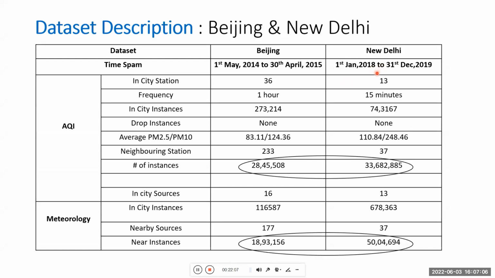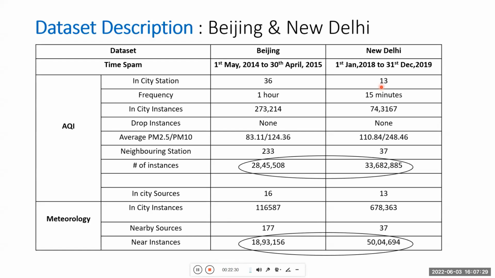Here we have chosen only 13 stations. Why? Because these are stations of Delhi which have a lot of missing data. So we have chosen only those stations which are live throughout the year and are not giving any observations which are complete outliers.